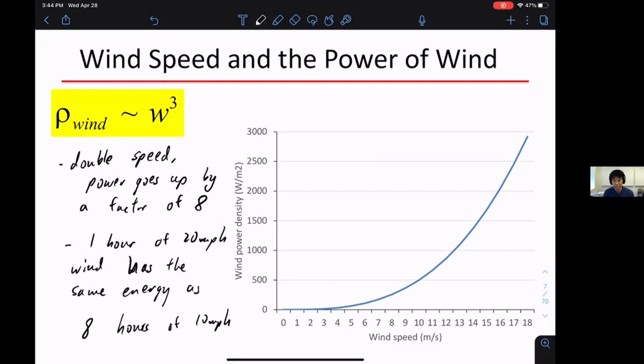So this cubic relationship is important. That's why people build turbines at some not so convenient locations, because if I can squeeze a little bit more speed out of this thing, it's really worth my while in terms of power.